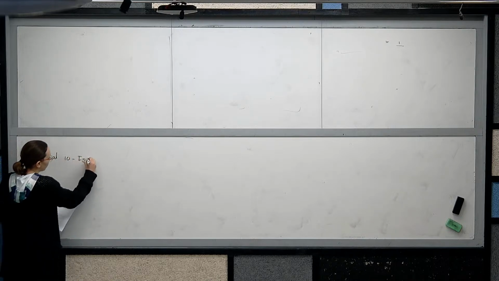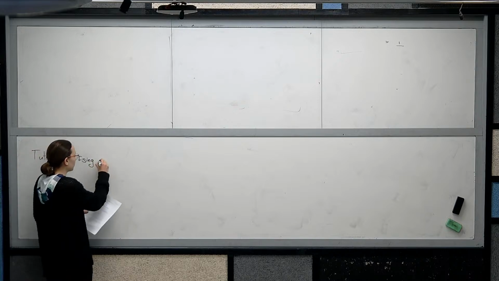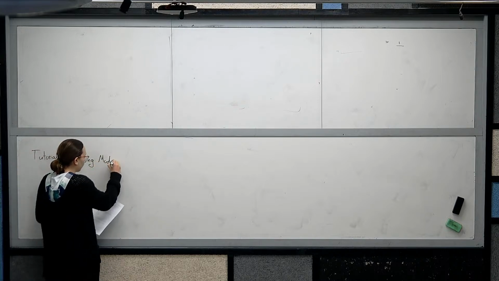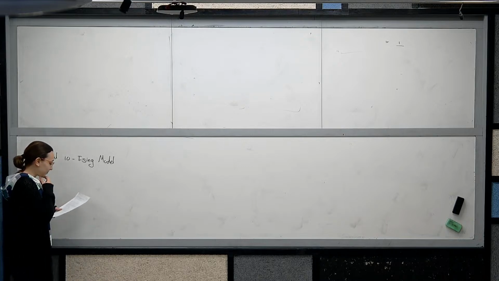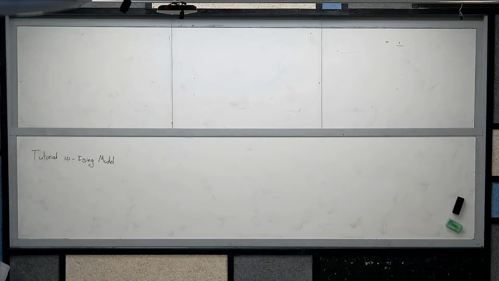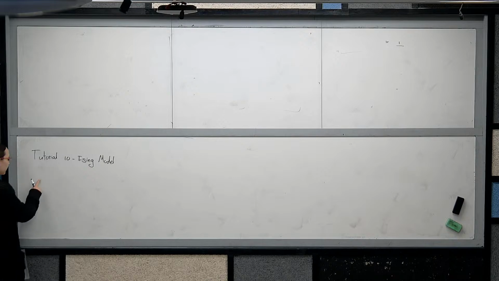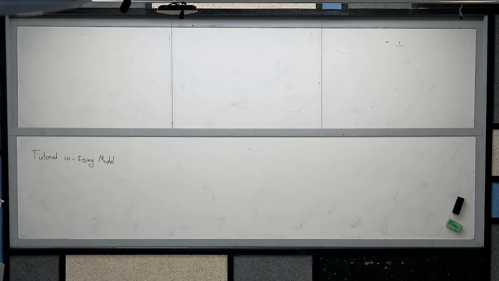So today we are talking about the Ising model. It's the last new subject in the course. The Ising model is a model that describes a lattice.